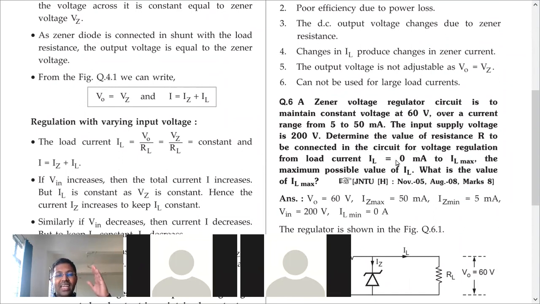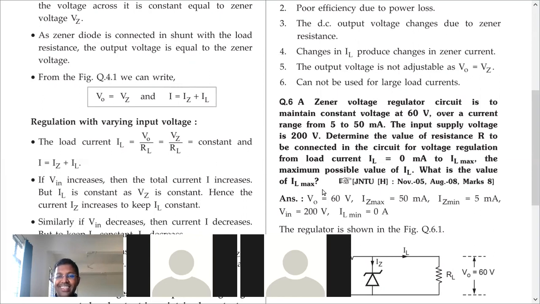So IL is ranging from 0 to IL max, meaning IL min is 0. What about IL max? They didn't tell. Then they are asking the maximum possible value of IL. What is the value of IL max?